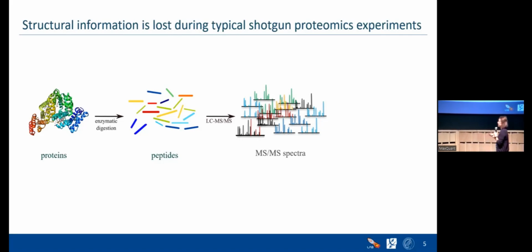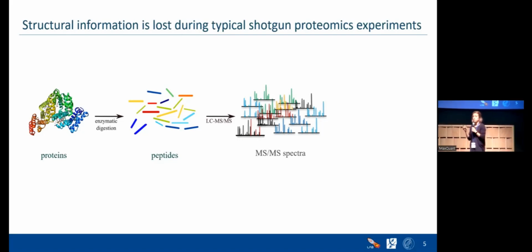So basically, in a simplified version, we have the proteins, and we do the enzymatic digestion. So we make smaller pieces from the protein, and because we make such small pieces, we are losing the structure information: which parts of the amino acids are linked together, or how they are linked. So we are losing this.